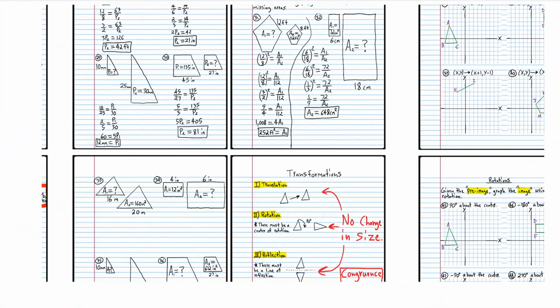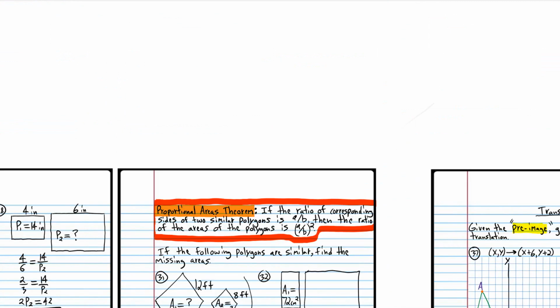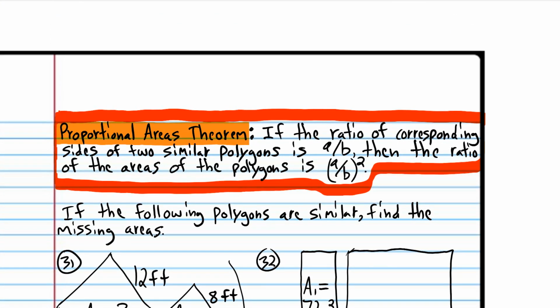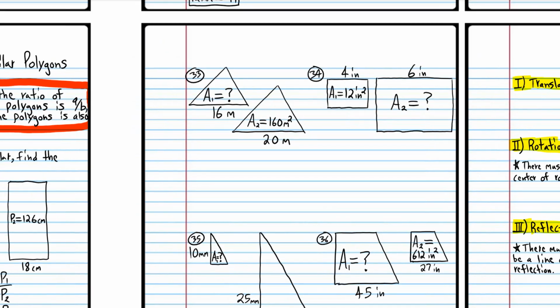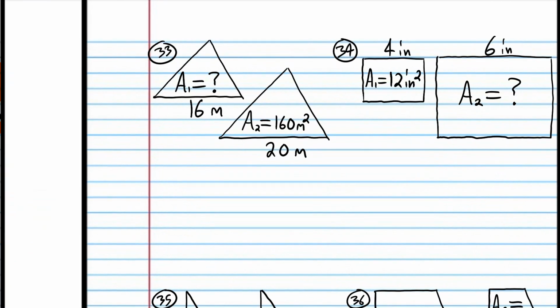Let's try one more of these problems. And again, if you didn't get a screenshot of that theorem, that's the theorem that we're using. One more of these problems before you try one on your own. So again, the theorem tells us that the square of the ratio of corresponding sides of similar polygons is equal to the ratio of the areas.